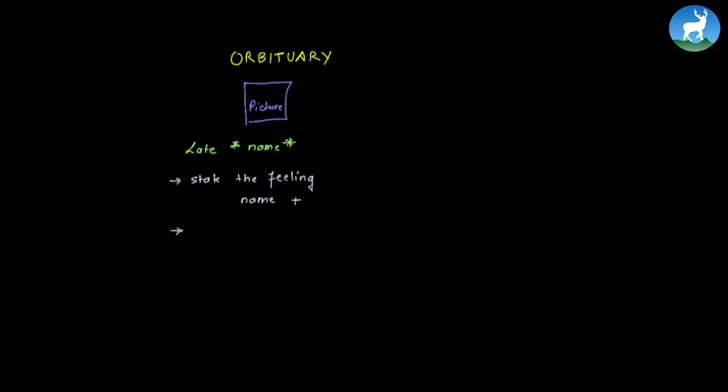So if you're talking about your teacher who died last week, you just write, I am deeply saddened to learn about the sudden demise of Mr. Ram Khatri, an English teacher at Patan High School. So you begin by saying his name, Ram Khatri, and then his profession, which is an English teacher, at his workplace, Patan High School.